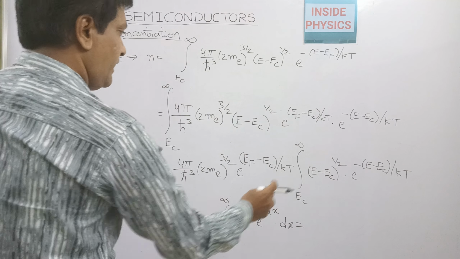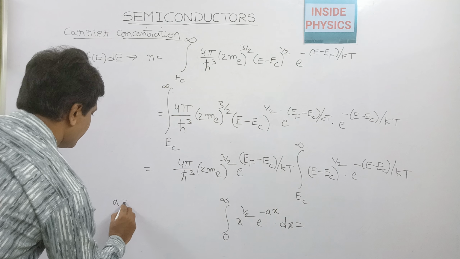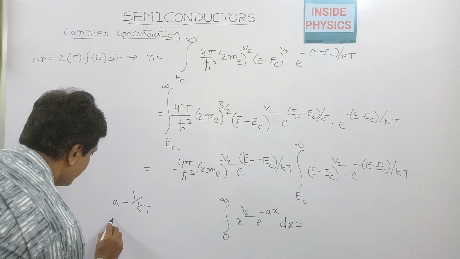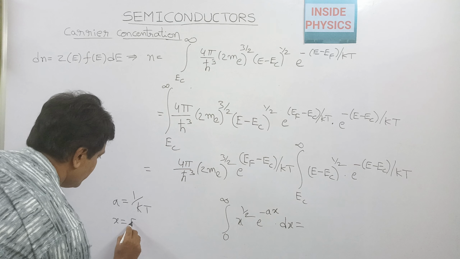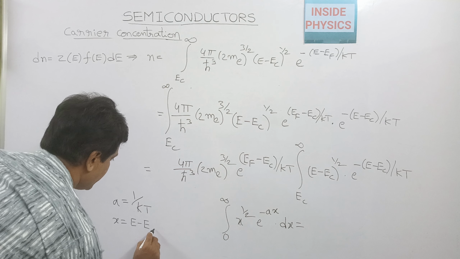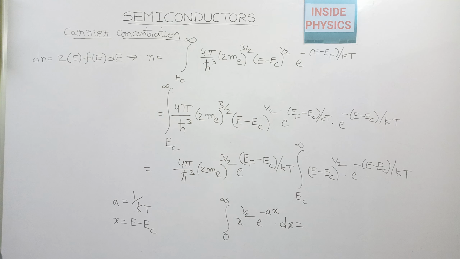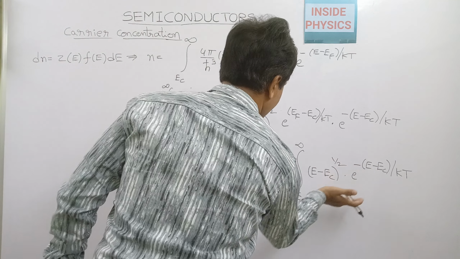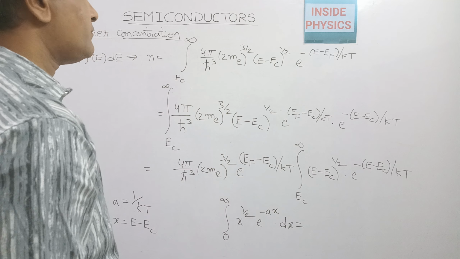Here a is nothing but 1 by kT, and I have taken x equal to E minus EC. These are the two terms. I have rewritten the integral into this form.